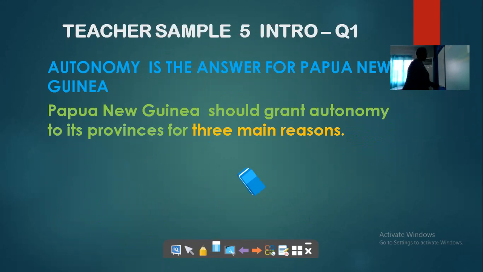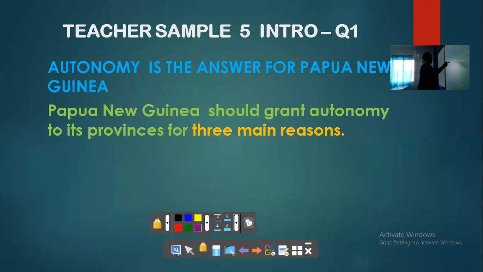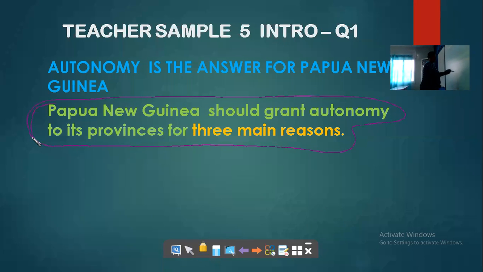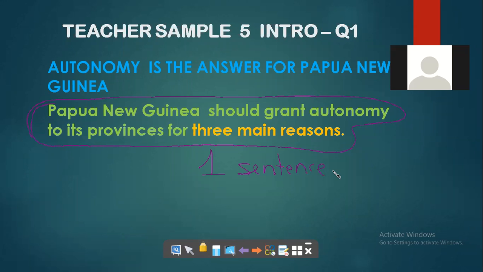If you think that all those are very complicated to follow, what kind of approach is this to write the introduction? Anyone? We are using a one sentence paragraph, all right?